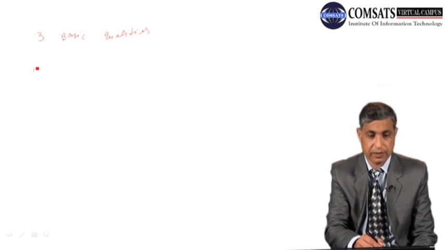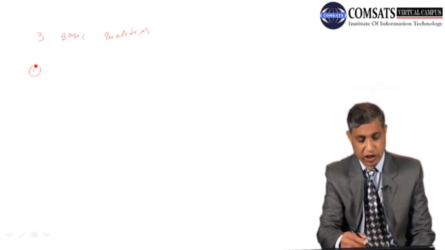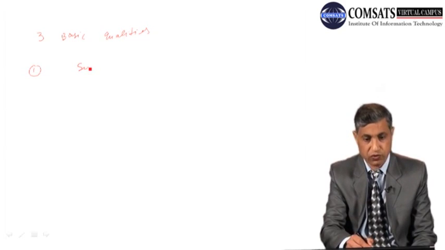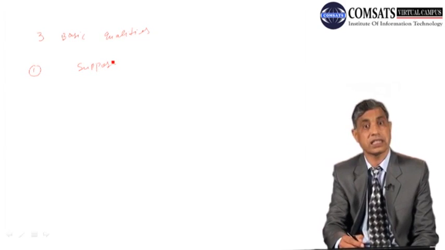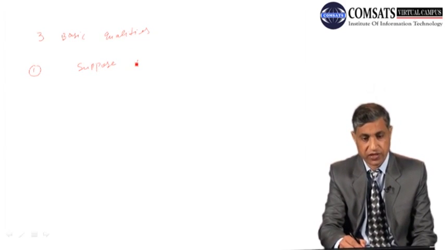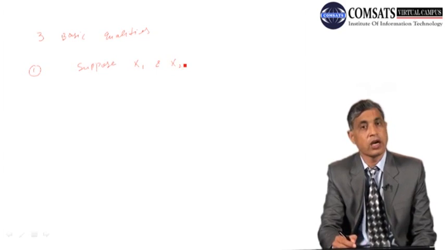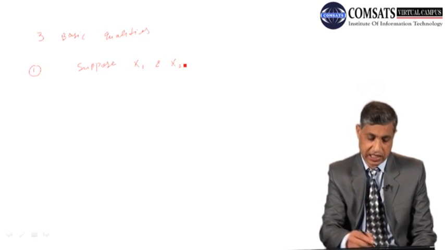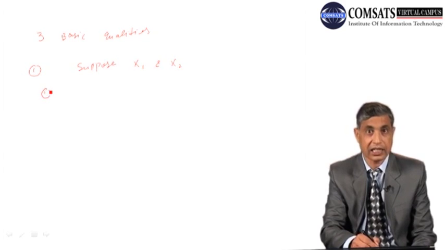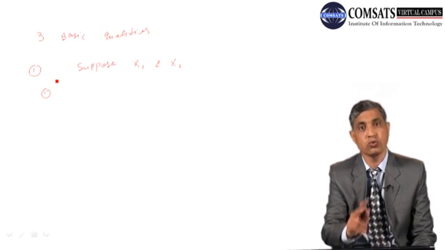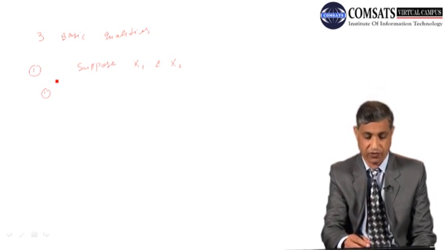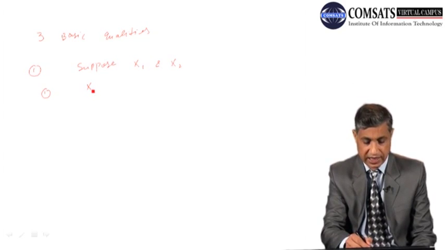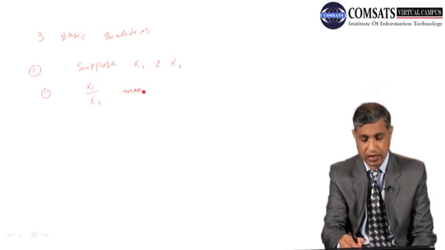The first is very simple. If we take any two values of the same variable, I am stressing the words same variable, suppose the first value is x1 and the second value is x2. Now what is the first condition? The first condition is that the ratio of these two values should be meaningful. For example, x1 over x2 should be meaningful.